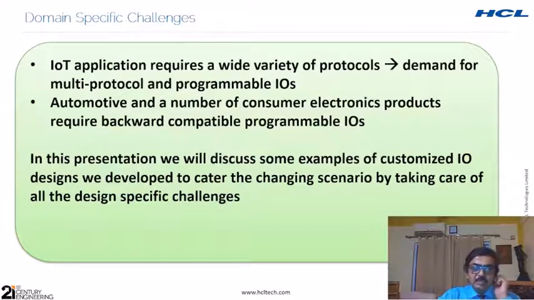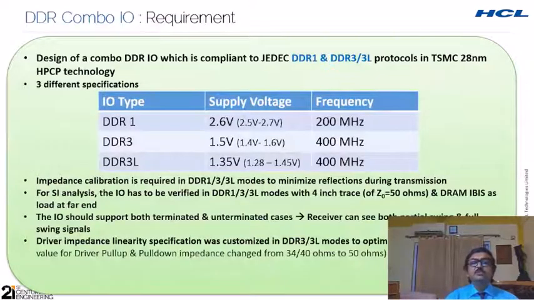Here I will describe some examples that we have developed in customizing IOs for applications. One of the examples I first would like to take you through is a DDR combo IO. This IO was per the standard of DDR1, but it also has to perform as DDR3 and DDR3L.